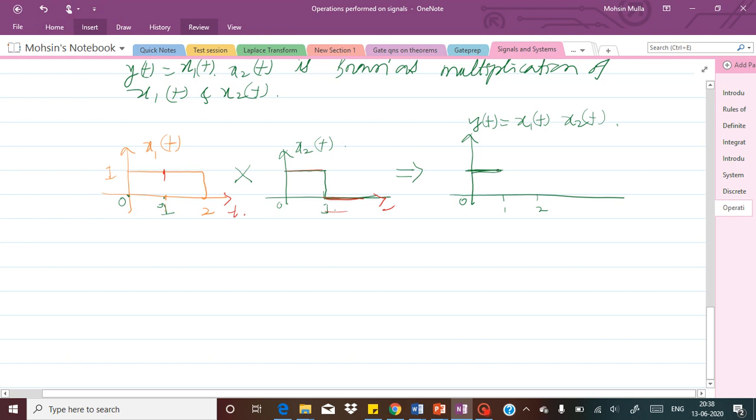Then after instant 1, the first signal magnitude is 1 again and the second signal magnitude is 0. So 1 into 0 is going to be 0. So after instant 1 the magnitude of the signal is going to remain 0. This is what we get as the new modified signal, by taking the multiplication of the two signals x1 of t and x2 of t.